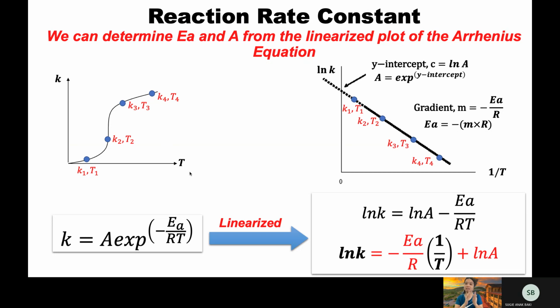For you to plot a graph, you need data for every point, data part Y, part X. So you have the K1, T1, K2, T2 tu semua, you plot the graph. Titik pertama K1, T1, titik kedua K2, T2, so on and so forth. You will have a plot tapi dia bukan straight line because the Arrhenius equation originally is not a linear equation. So kalau bukan linear equation, definitely plot kamu will not be a linear line. Tak boleh solve lah, susah lah kamu nak solve.